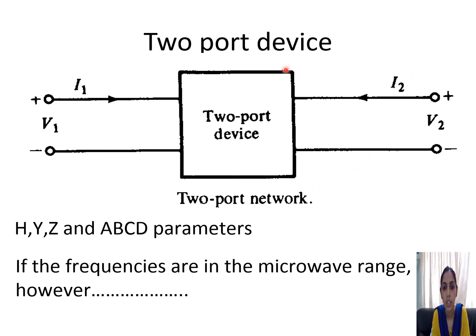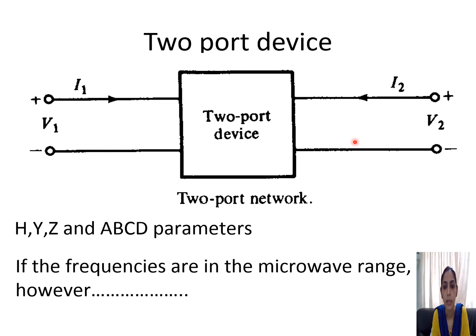From network theory, we have learned that we can describe such a two-port network by means of several parameters: H parameter, Y parameter, Z or ABCD parameter. All these parameters relate the total voltages and total currents in the two ports.